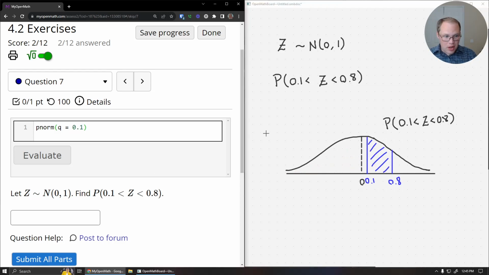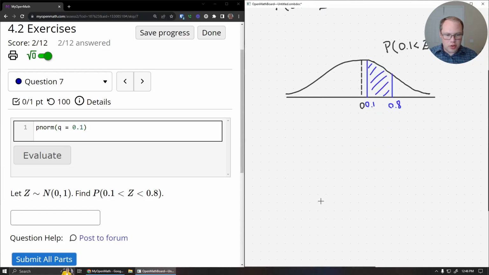If I did 0.1, that gives me the probability that we're less than 0.1. So we need to use this p-norm function in a way so that we can reconstruct this with only this kind of probability that calculates the probability to the left of some value.